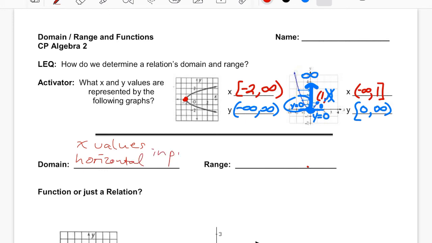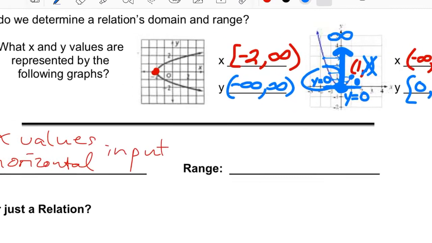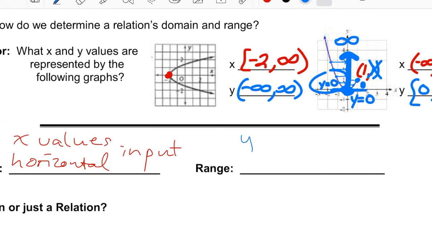And additionally, there's a time where we call those the input values. When we talk about the range of a graph, those are the y values. And of course, they represent the vertical movement of a graph. And there's going to be a time where we talk about the range as also being the output.